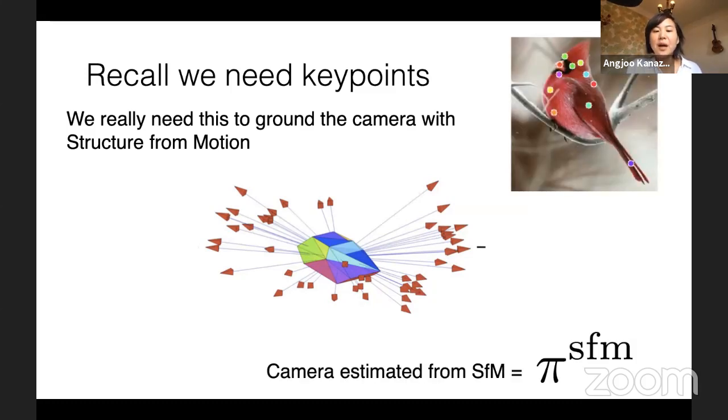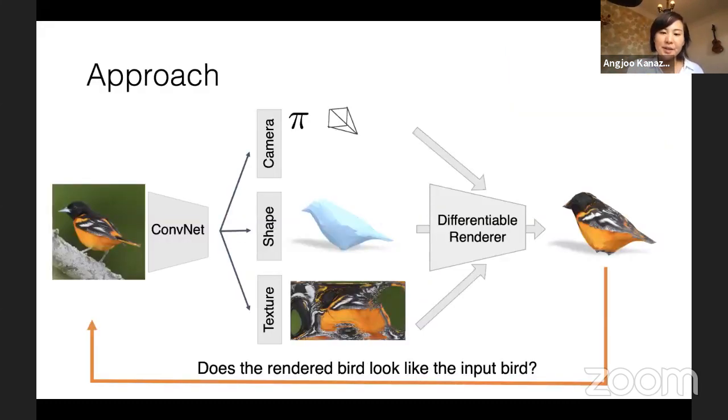And then after solving this SFM on these key points, for every image, you basically have a pseudo ground truth viewpoint of which direction you are most likely looking at this canonical bird. So in this work, in order to train this model, we use the key points and the camera coming from the key points to ground the solution.